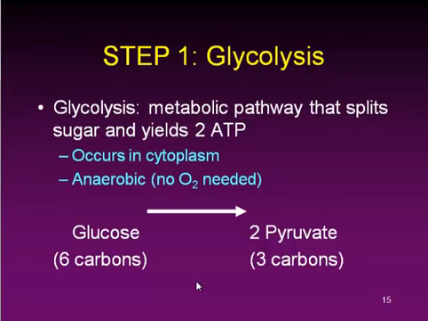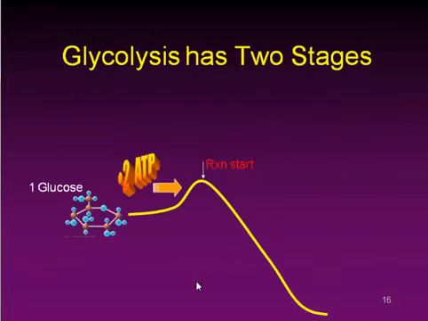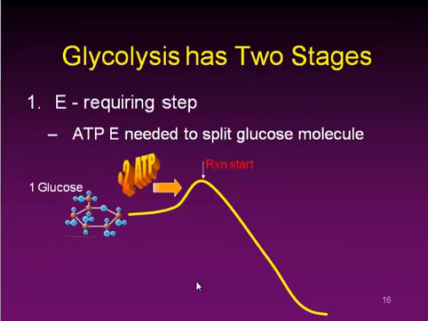Now, glycolysis actually requires that you spend a little bit of energy first. I know this sounds kind of weird, but this is the only part of the entire respiration process that actually requires energy to get going. You can think of it almost like a little hump. Once you get over that hump, it's all downhill and you're making lots and lots of energy.